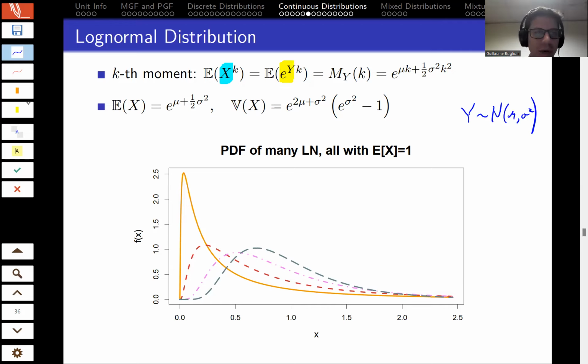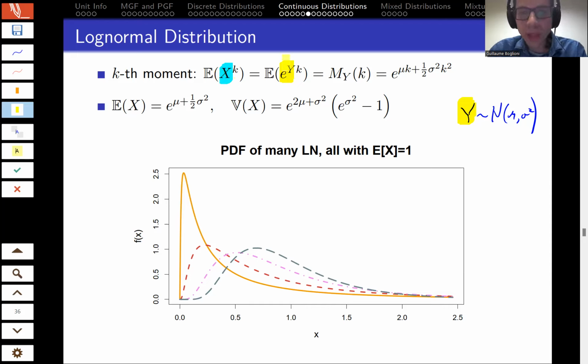If x is a log normal with parameters mu and sigma squared, then x and e to the y, where y is a normal mu sigma squared, have the same distribution. So it's allowed to rewrite x as e to the y.